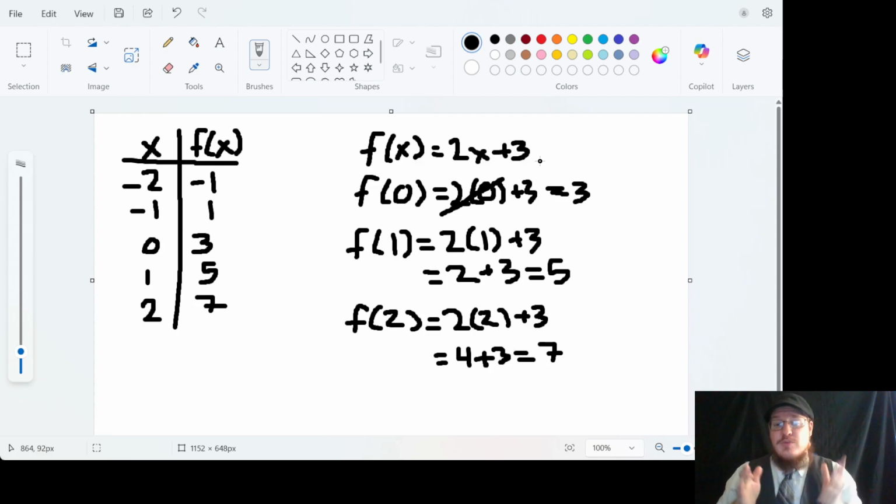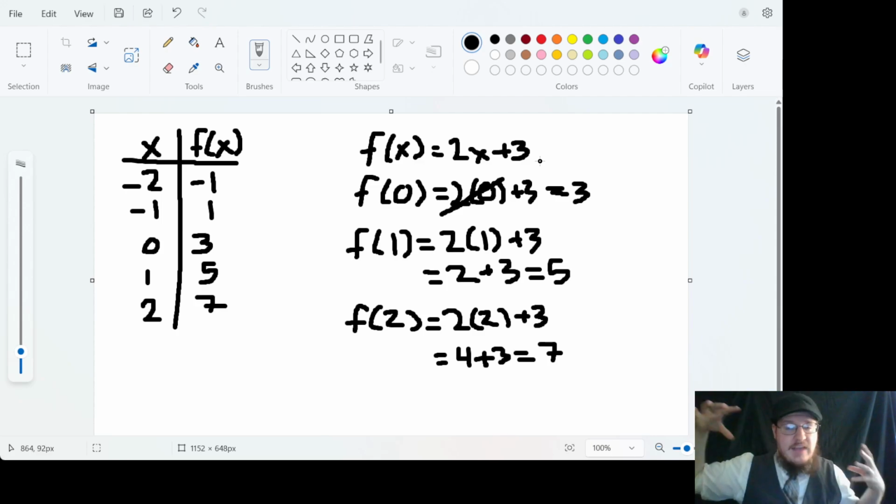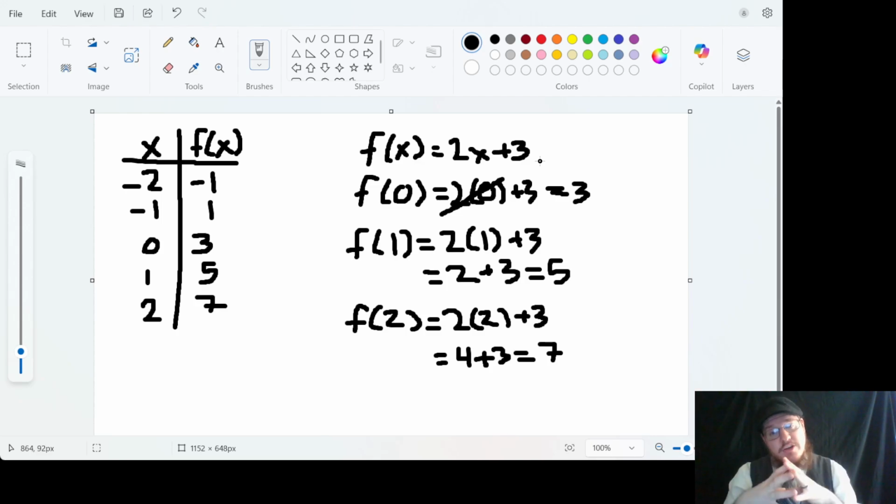Unless we specify that a graph is going to end, it's going to go on infinitely, so we can plug in as many numbers as we want into these functions, perform the operations, and get a value for that function.